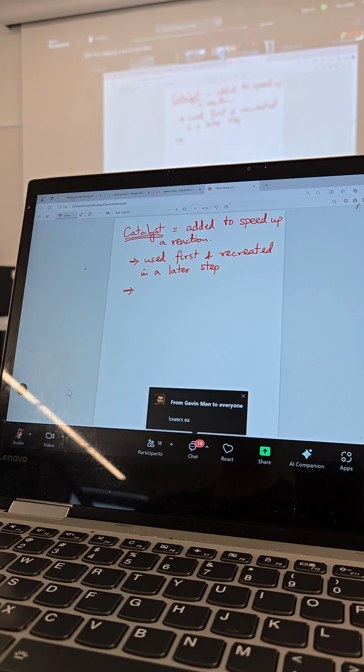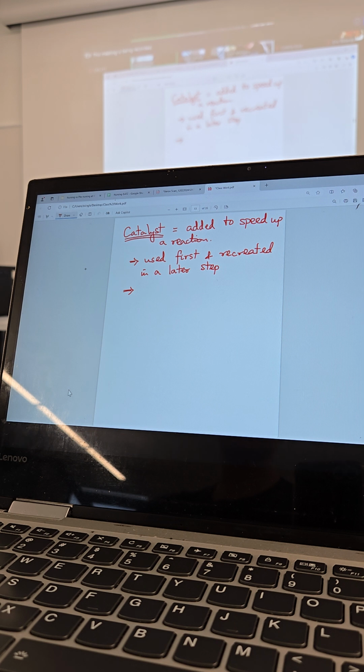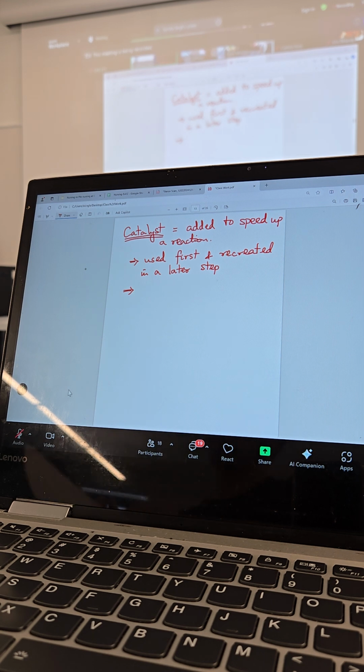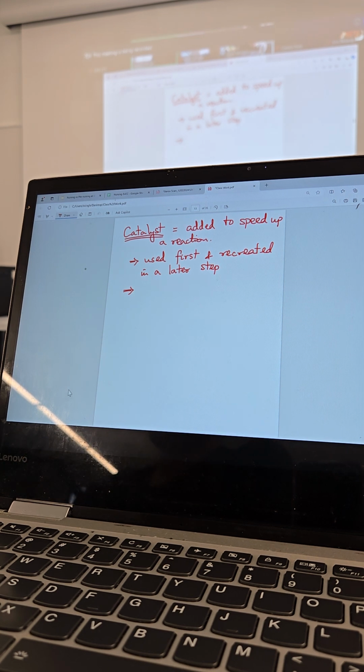A catalyst does not lower the activation energy of the original process. What it does is it provides a different process, a different mechanism for the reactants to become products that overall has a lower activation energy. Does that make sense? That's really the key here for us to understand, because that's a very common misconception.